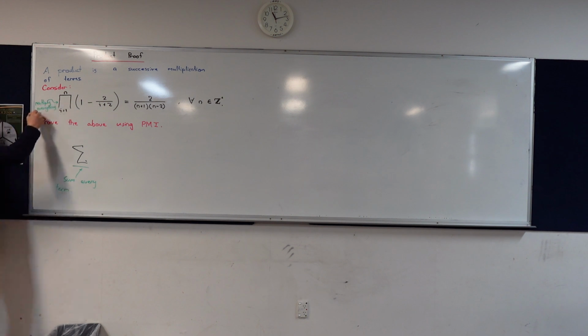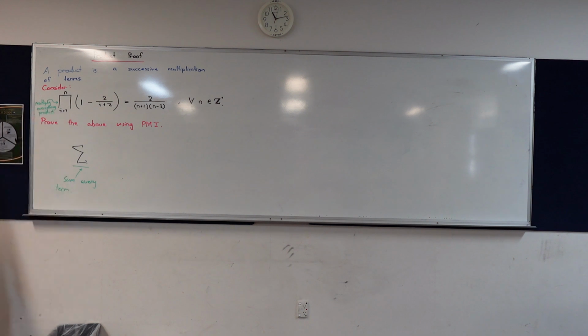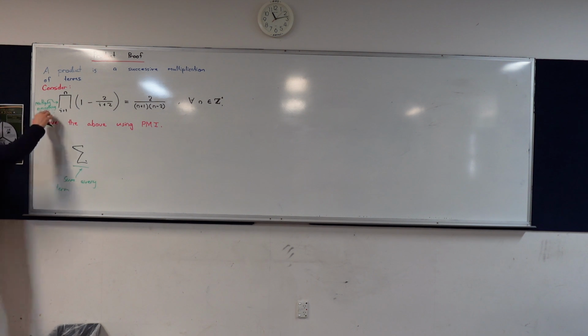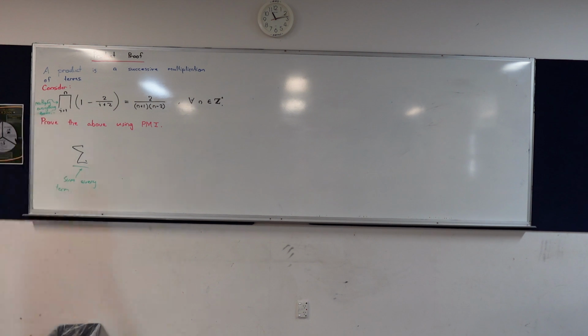You multiply every term in the sequence together. It functions very similar to the sigma, so the series where you add, but rather than adding, you push the plus symbol 45 degrees over, and it turns into multiplication.